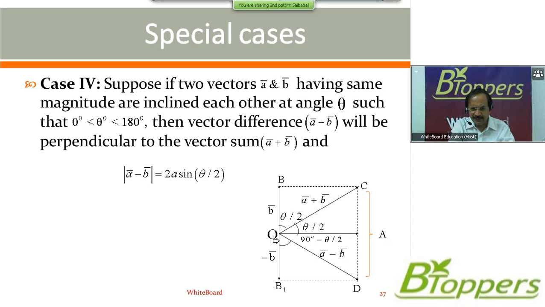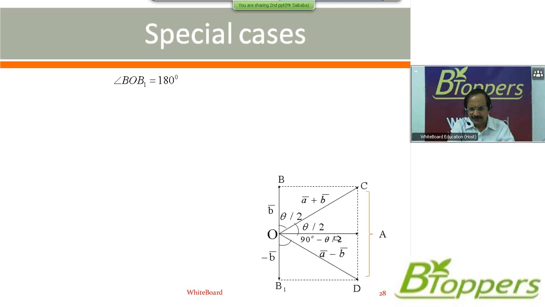The direct line segment OB1 bar represents the vector minus B bar. OADB1 is a parallelogram and again a rhombus, because the two vectors A bar and B bar have the same magnitude. The direct line segment OD bar represents the resultant of A bar and minus B bar.